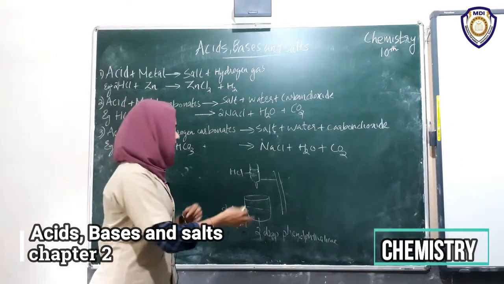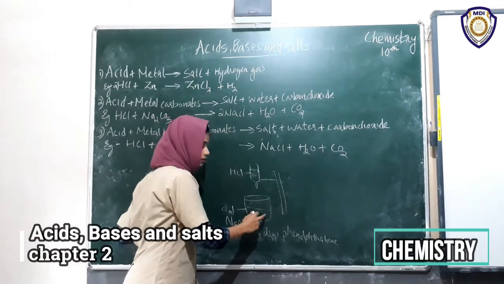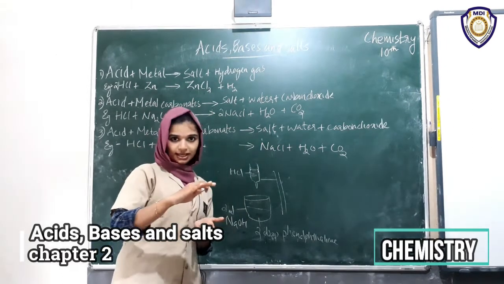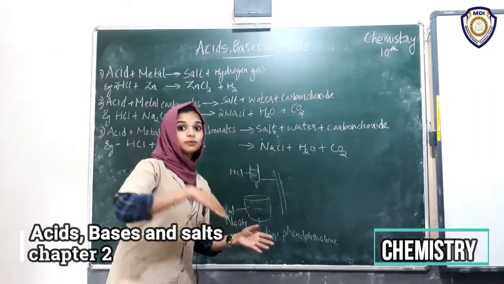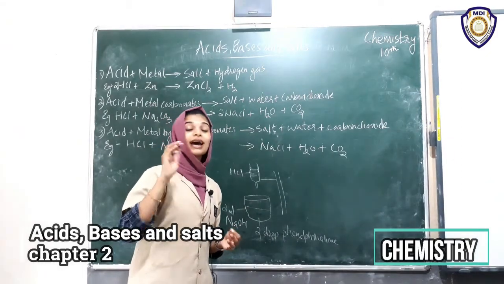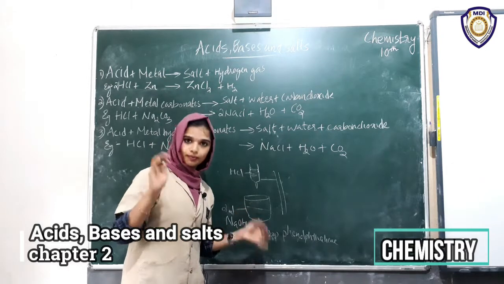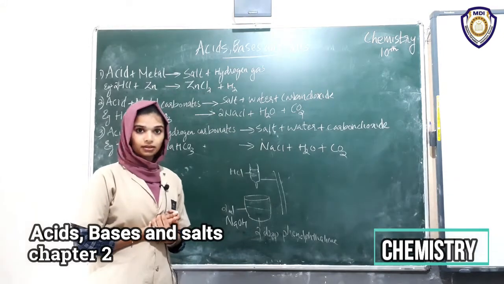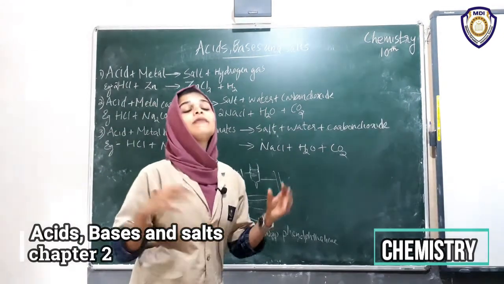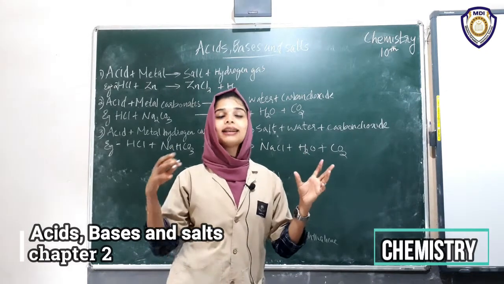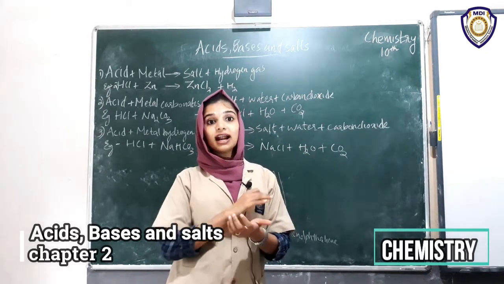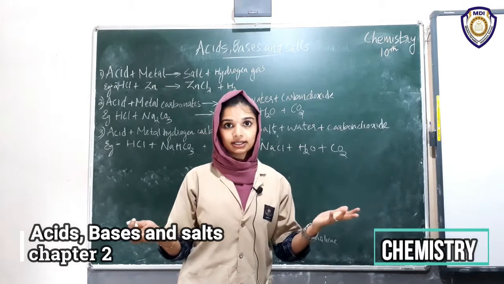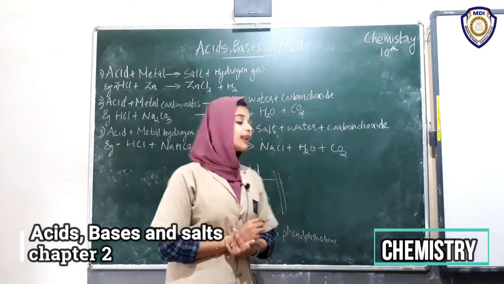Then when we add 2 drops of sodium hydroxide to this solution, the pink color reappears, because when we nullify both of these effects and add 2 drops extra, only the characteristics of the base are there. So the pink color reappears. So when we add an acid and a base, both of their characteristics get nullified and form water and salt. This process is called neutralization.